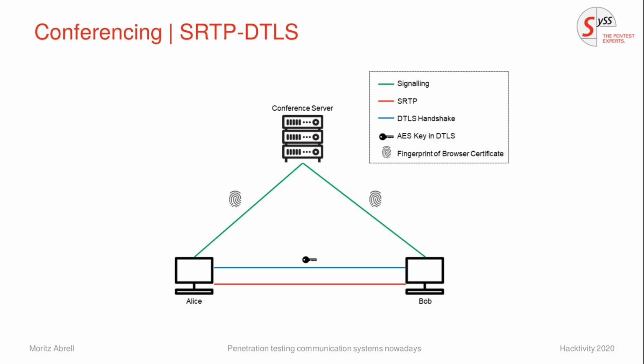So if the received fingerprint matches the one which is present in the DTLS channel, the connection may be secure. The advantage of this is that the conference server does not know the key for media encryption. It is not really end-to-end encrypted, but I think it is better than SRTP-SDES, where everybody knows the exact key.